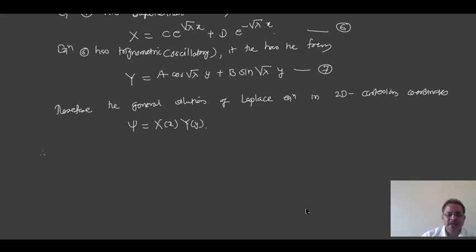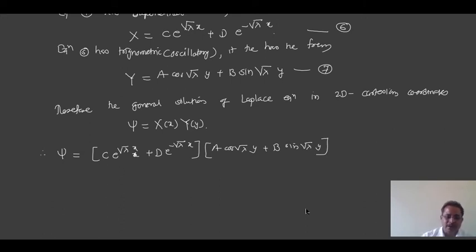So knowing this, I get the general solution of the Laplace equation in the Cartesian coordinate system as this product. First it is c times e raised to root lambda times x, plus d times e raised to minus root lambda times x, multiplied by a times cos of root lambda times y plus b times sine of root lambda times y.